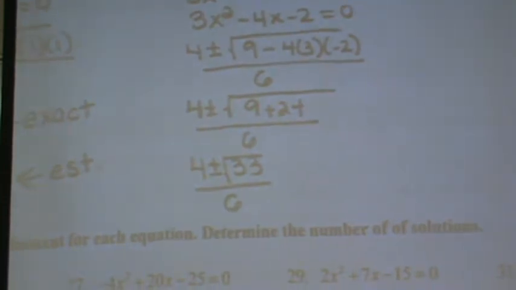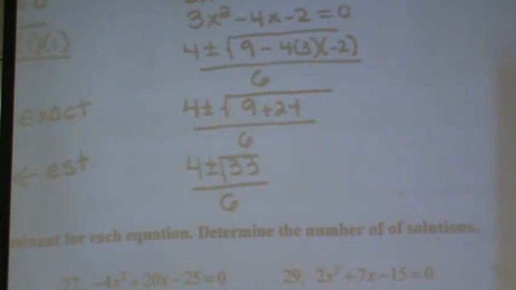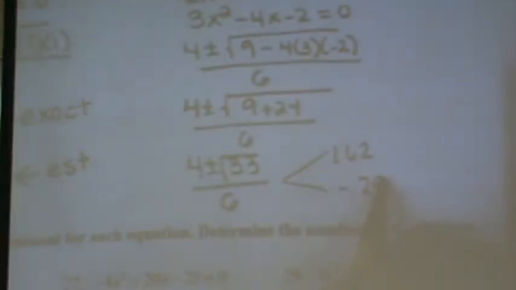You can convert the two answers to decimals. It says 4 plus the square root of 33 and divide that answer by 6. So my two answers are 1.62 and 4 minus the square root of 33. Take that answer and divide it by 6 and I get negative 0.29.